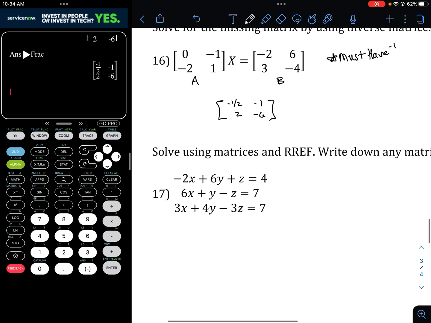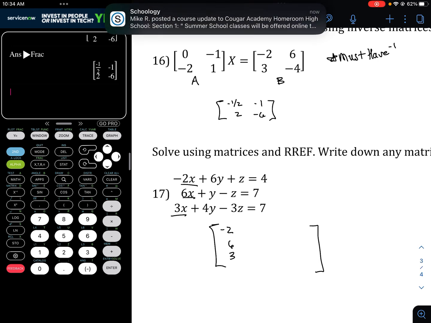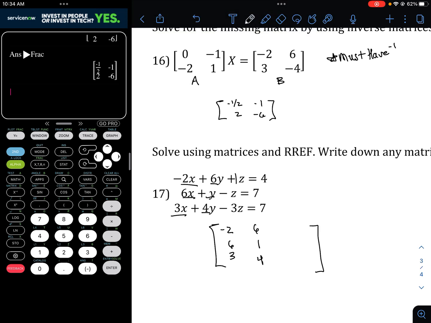Solve matrices using RREF. Remember these ones, we put the coefficients in to our matrix. So -2, 6, and 3. 6, 1, 4. 1, -1, -3. And 4, 7, 7.